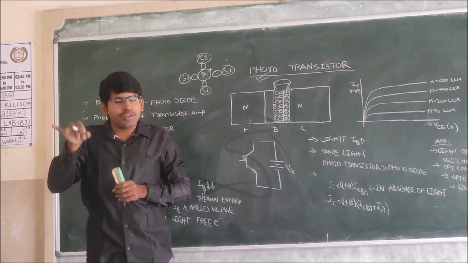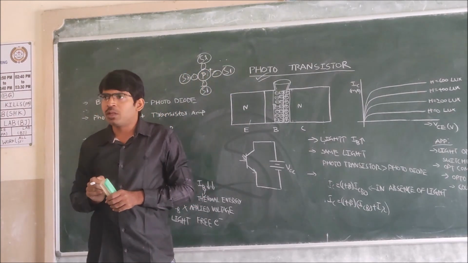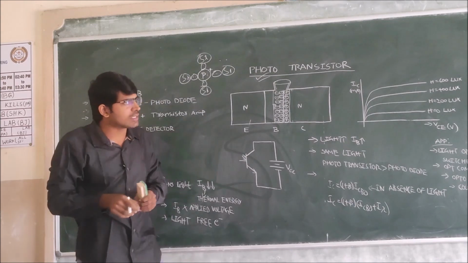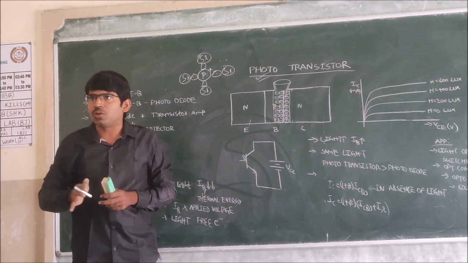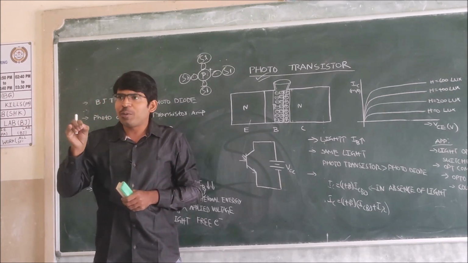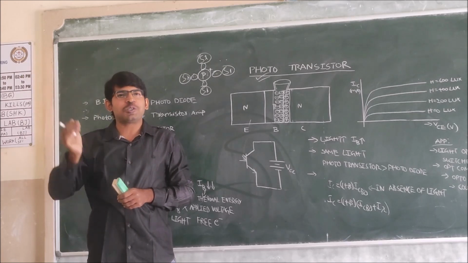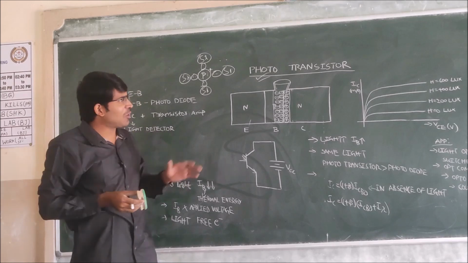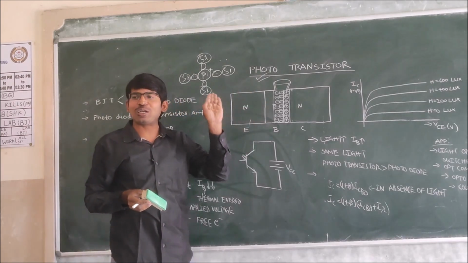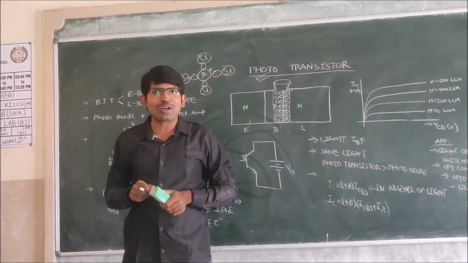We discussed previously that electrons come out because of thermal energy. But in the photodiode we discussed that these electrons can come out with light energy also. Whatever the form of energy, if you give energy, the electron will come out. When giving sound energy, you may call that diode a sound diode or audio diode, but that is not there now.